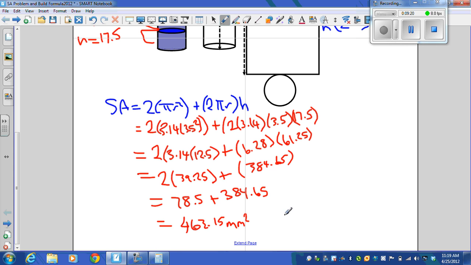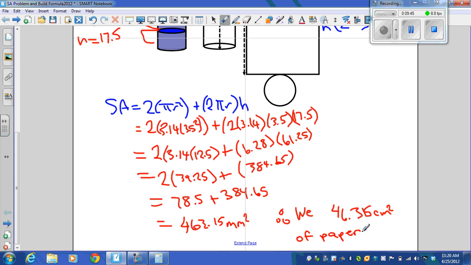Therefore, we need 46.315 centimeters squared of paper.